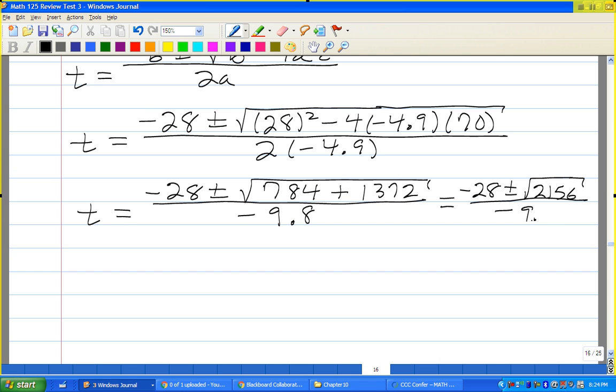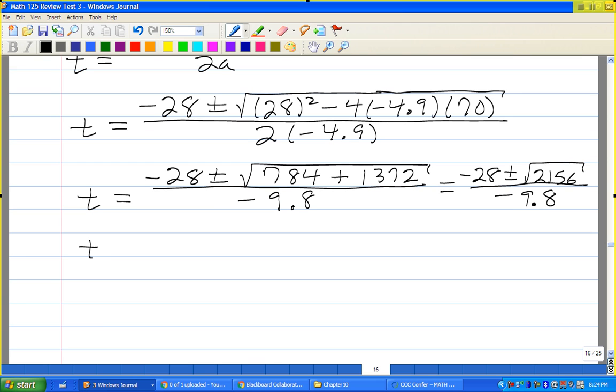And so just like before, if you add these two numbers together, you're going to get a positive numerator over a negative denominator, so a negative time, so I don't want that. Whereas if you subtract, you'll get a negative numerator over a negative denominator, so a positive time.